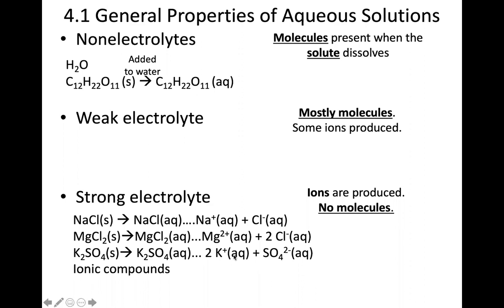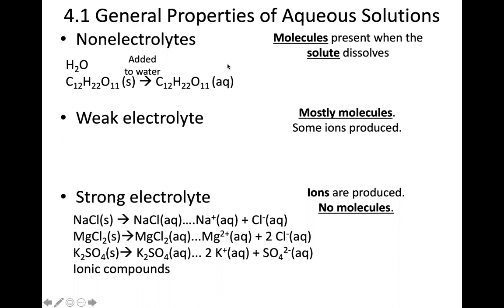So it's dissociating and giving me potassium ions. I would have 2 of those, and the sulfate polyatomic anion. The idea of aqueous just means that the solute has dissolved, but it doesn't tell me if it remains together as an ion or as a molecule.